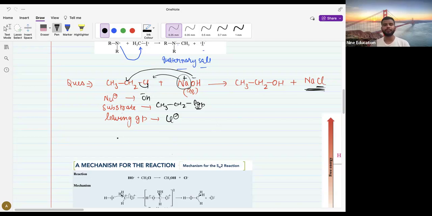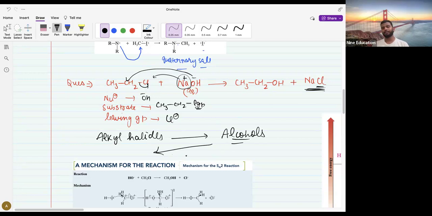So these nucleophilic substitution reactions are best for changing alkyl halides to alcohols. In the previous class, we studied alcohol to alkyl halides using Lucas reagent, SOCl2, and Lucas reagent like concentrated HCl, ZnCl2, all those.